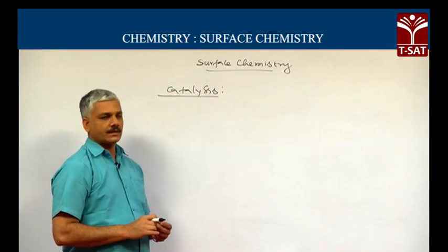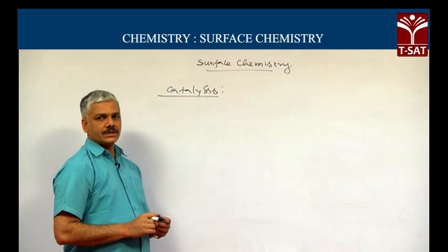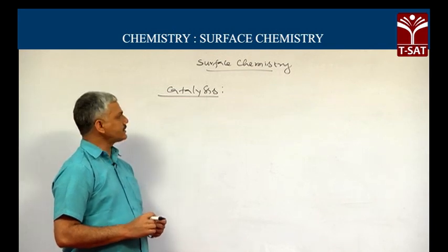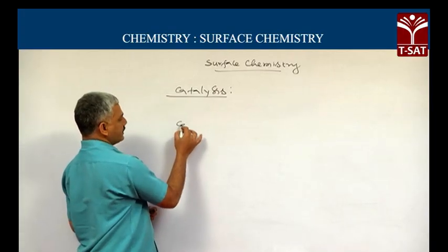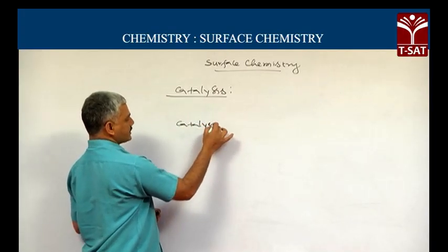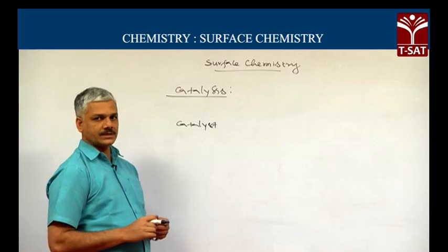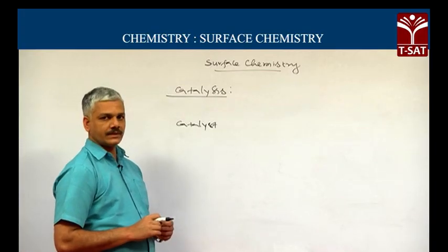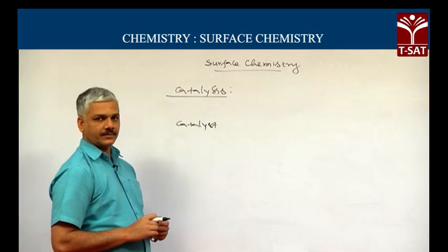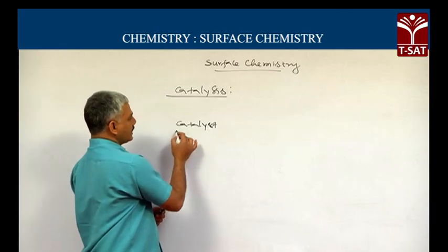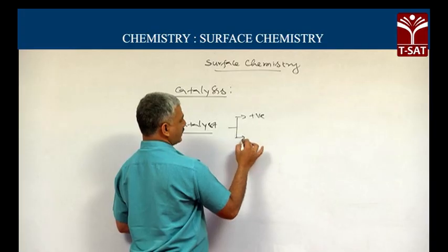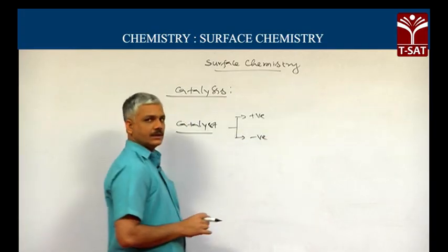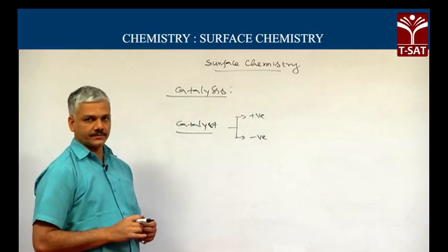Catalysis. The functioning of a catalyst is known as catalysis. A catalyst is a substance which alters the rate of reaction without itself changing chemically. A catalyst can be either positive or negative in nature depending on its action.